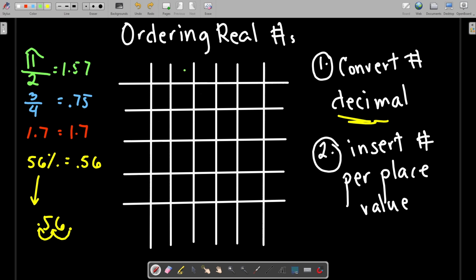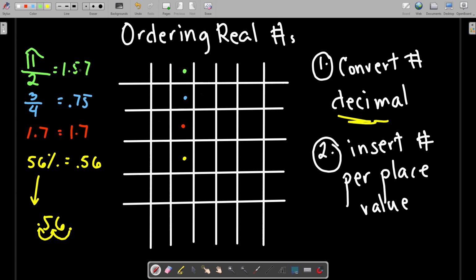If I put the decimal point right here, where's the decimal point for the next one? Right here. And the next one? Right here. And the next one? Right here. Decimal points need to be aligned.